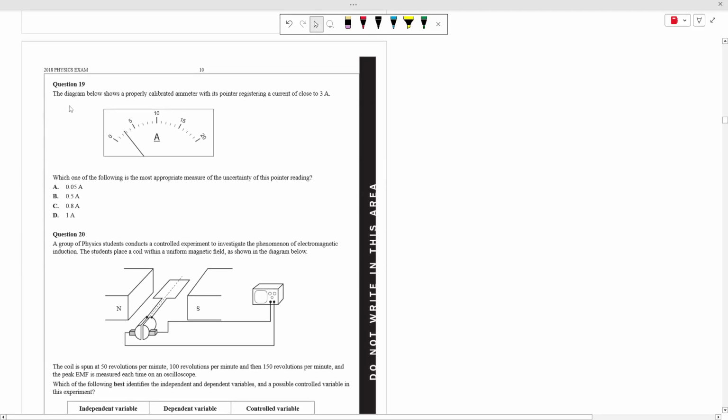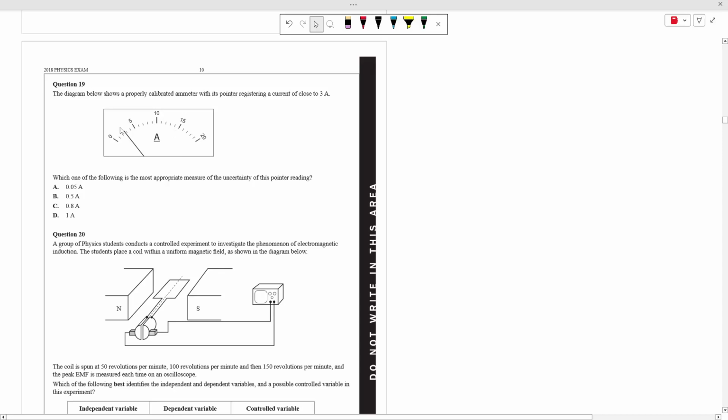Question 19. The diagram below shows a properly calibrated ammeter with its pointer registering a current of close to 3 amps. Which one of the following is the most appropriate measure of the uncertainty of this pointer reading? Well, we were just talking about this.